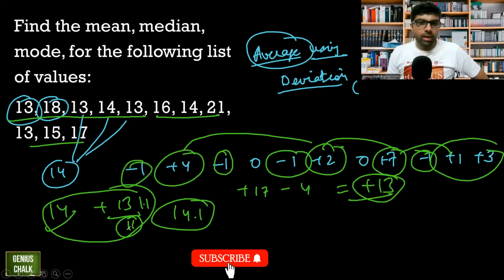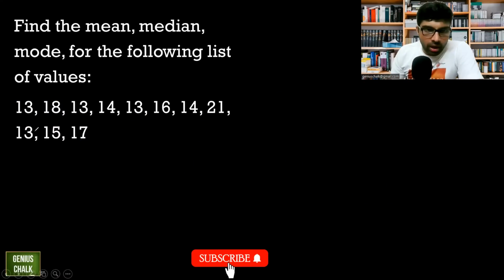Now come to second, median. So median is arrange the numbers in ascending order first. For median, always arrange the numbers in the ascending order. So write 13, 13, 13, 13, 4 times 13.